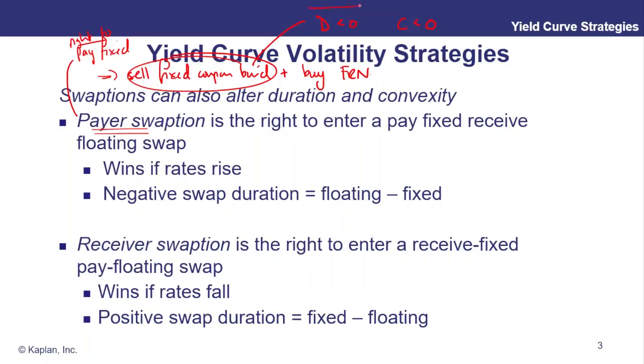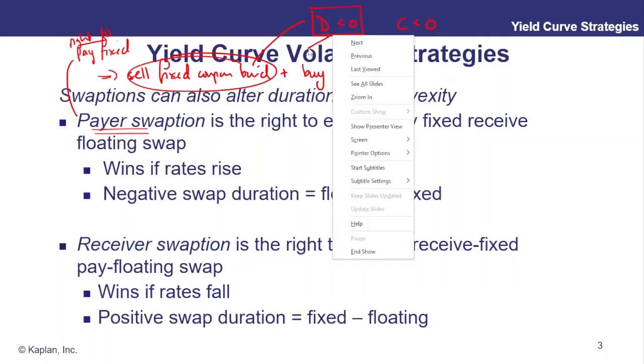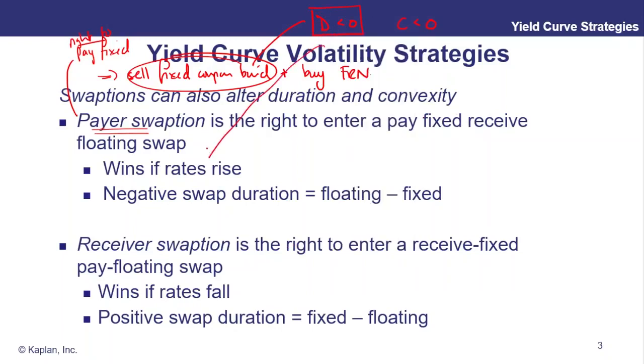With a negative duration, we've got a direct relationship with rates, so we know we win if rates rise. That's what the slide's telling us here. What I would say, though, just to triple lock our understanding, is you could always go back to your basic swaps diagrams. A pay swaption is the right to pay fixed.